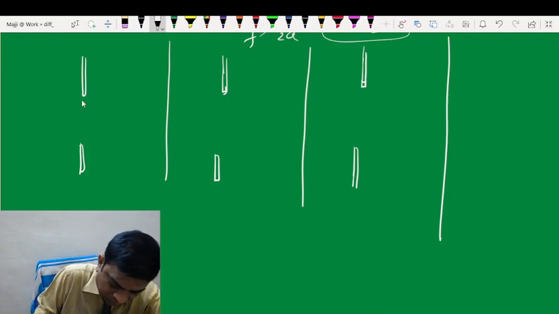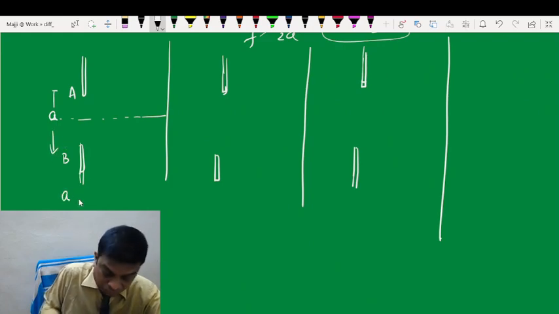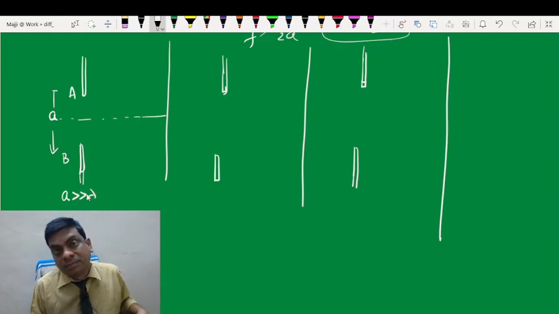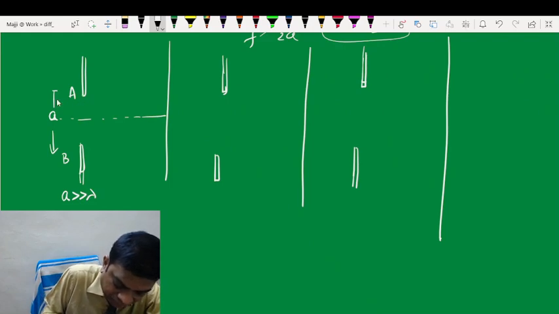Now here you see, students, this is the slit. AB is the slit and this is the central line. Slit width is a. I have taken the slit width much larger than lambda. If that be the case, then a parallel beam of rays will more or less enter parallelly.